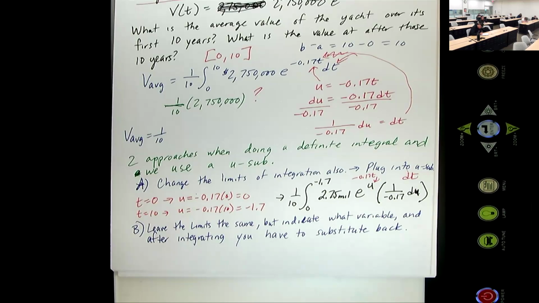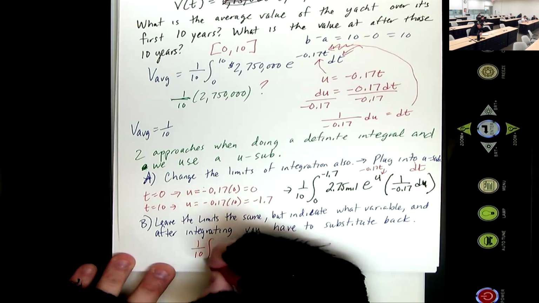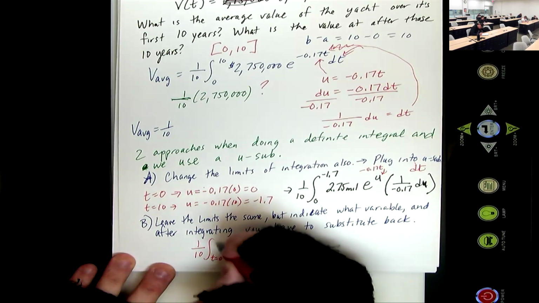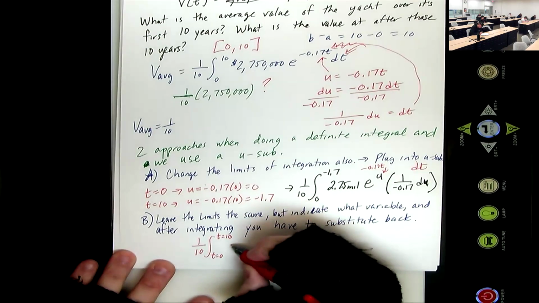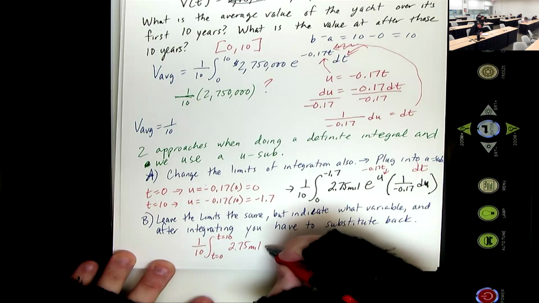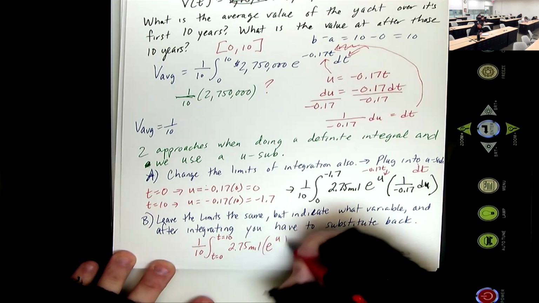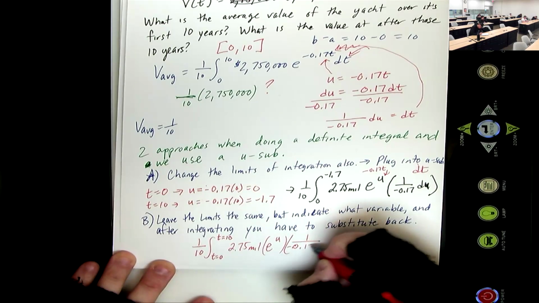So if I were to do that here, I would have 1/10. I would say t equals 0 to t equals 10, 2.75 million. I still got my e to the u and my 1 over negative 0.17 du.